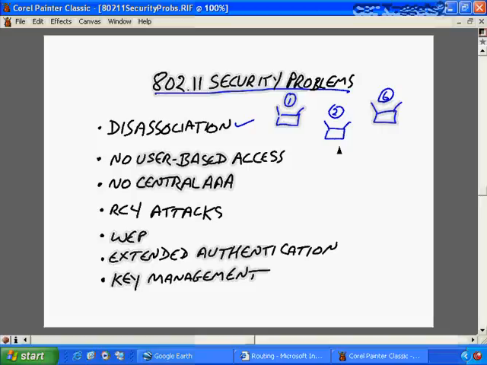I mean, my wallet is about the same size as some of these wireless access points. If I'm a malicious user and I'm mad at my company, I can just set that wireless access point up on a conflicting channel, or even on the same channel, and I can attempt to hijack sessions, or I can just kick people off because of disassociation. So this is a real problem, and it's not really just a hacker problem. It's really a misconfiguration problem that a lot of administrators misunderstand.